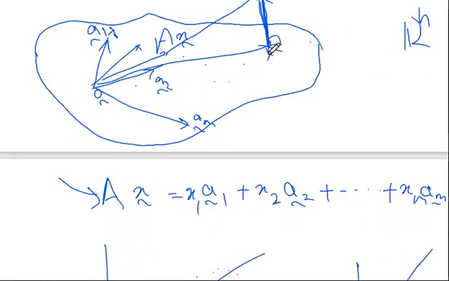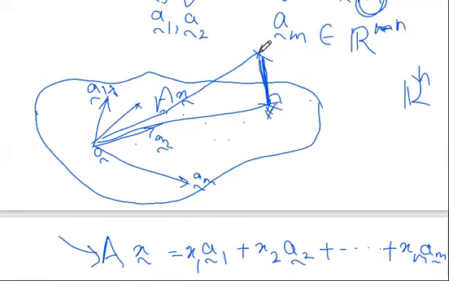So minimizing this, we can find the minimum x. Now we can find x such that the distance between this column space and this outside point b is minimized.